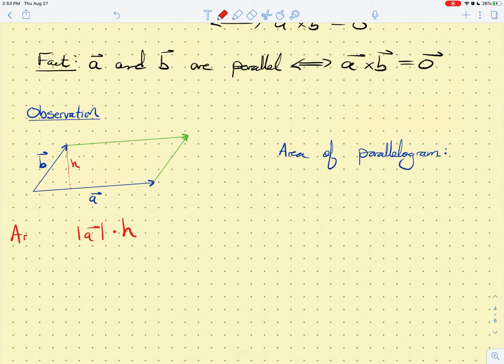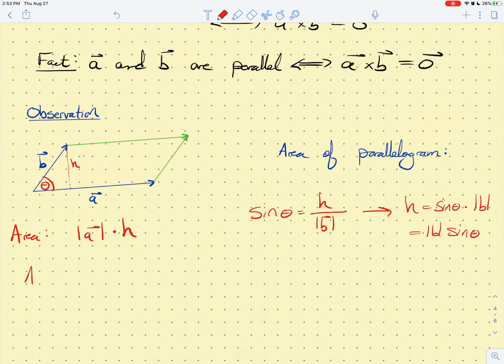So the area of this thing is still just base times height. Now I want to ask myself, what's the height? Let's observe that the sine of theta is opposite over hypotenuse. So h over the hypotenuse, which is length of B. And so we know what h is. h is sine theta times the length of B. I'm going to write that as length B sine theta.